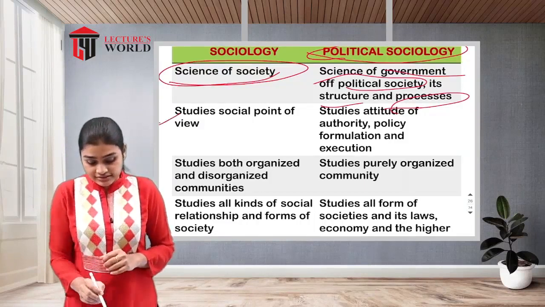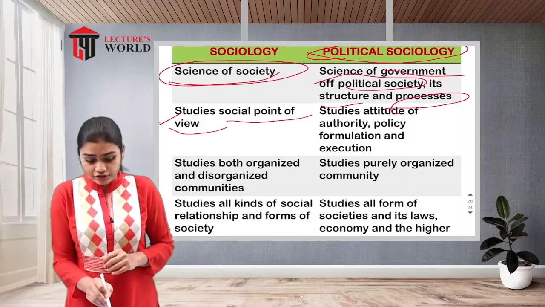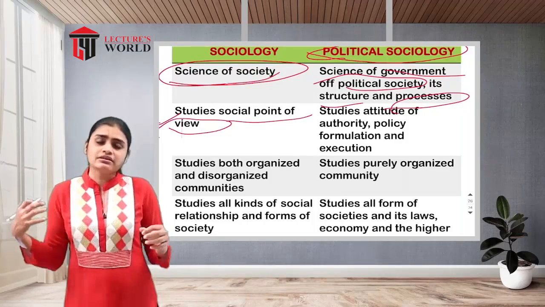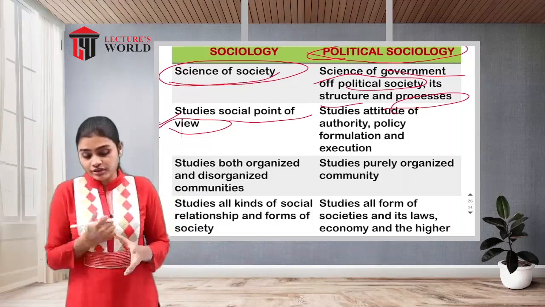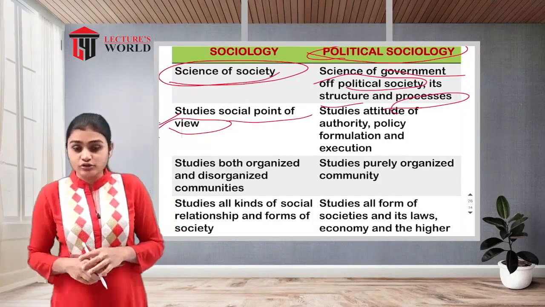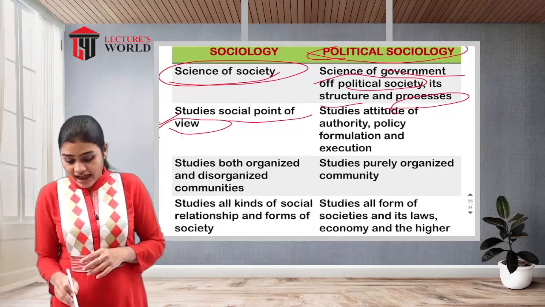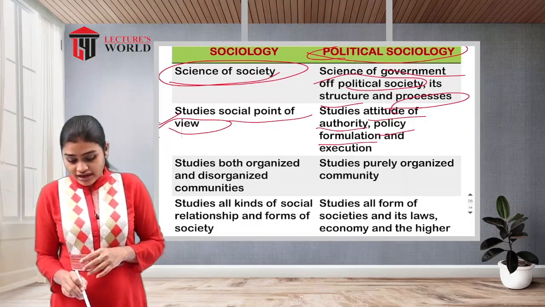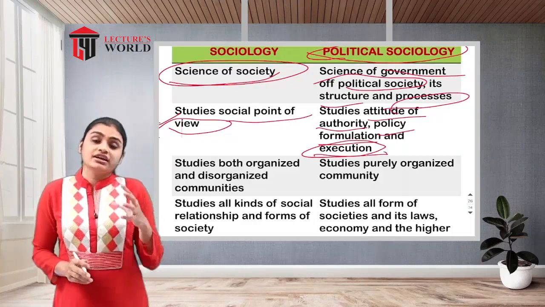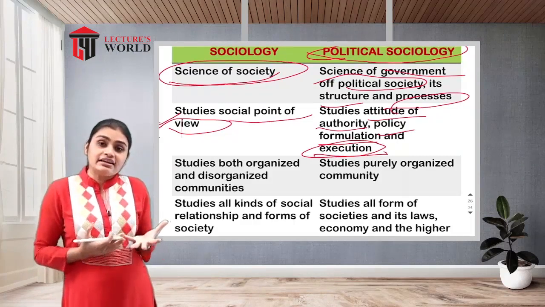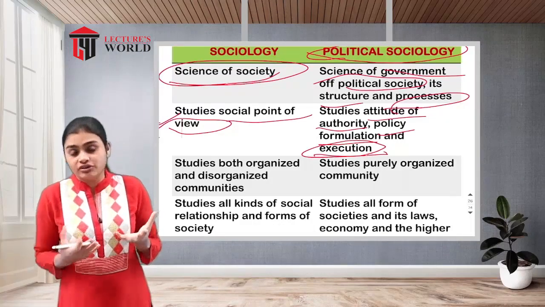Then the next is: studies the social point of view, that means the point of view of all the society members. Whereas political sociology studies the attitude of authority, policy formulation and execution. What authorities are there in that political organization?